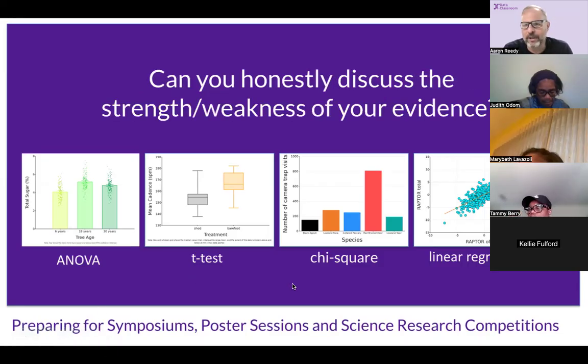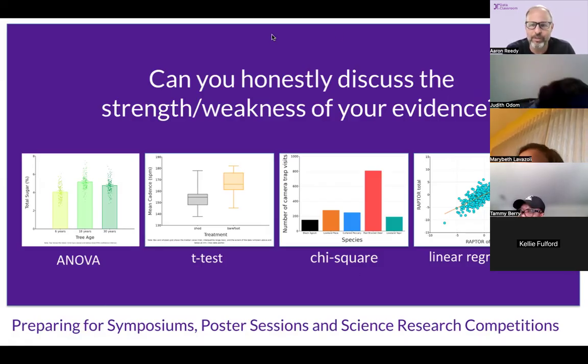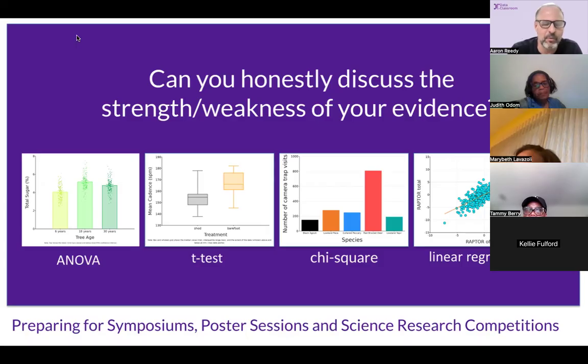And then going along with that, and I think this still very much goes with the graphs, I want to know, can you honestly discuss the strength and weakness of your evidence? Hopefully you can do both. But if your data are overwhelmingly strong or overwhelmingly weak, maybe you're really just discussing one or the other.